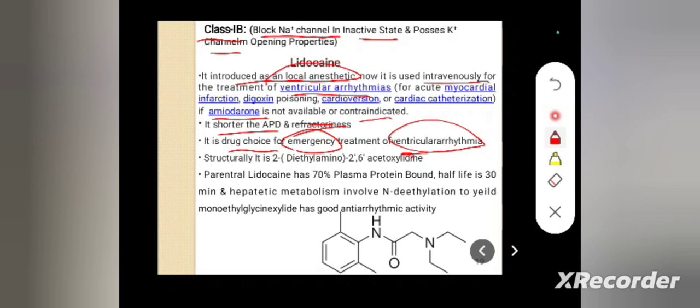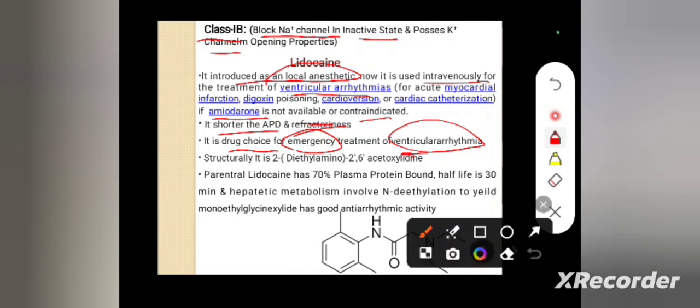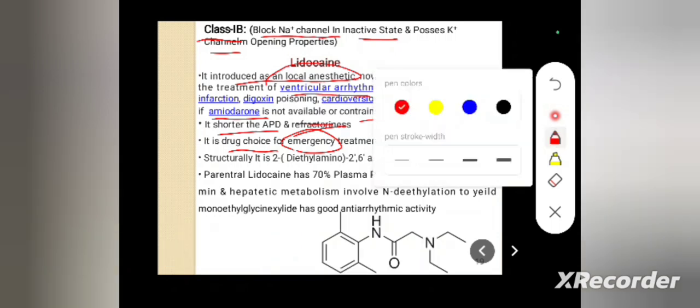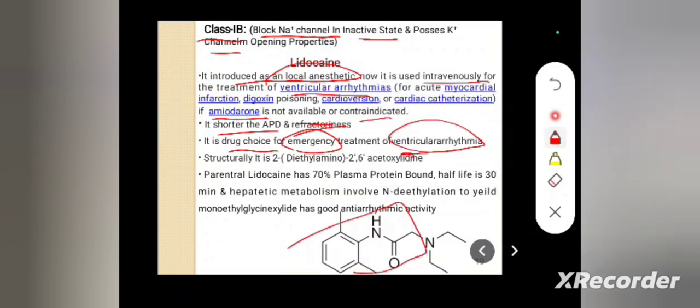Chemically it consists mainly of an acetoxylidine moiety. Xylidine is nothing but xylene, as we know, 1,3-dimethyl benzene, and acetanilide is simply without the methyl substitution.